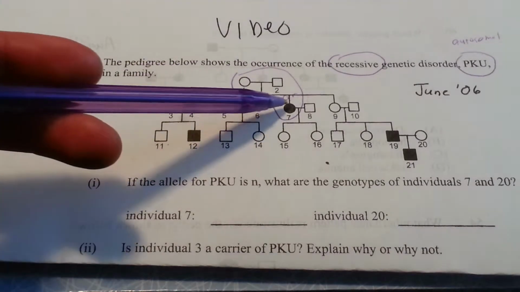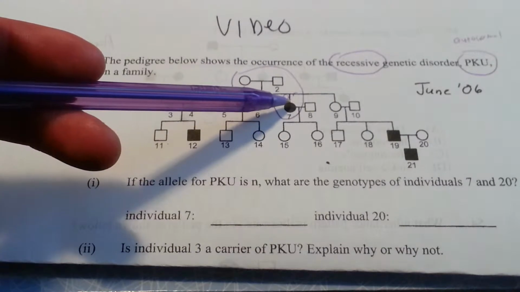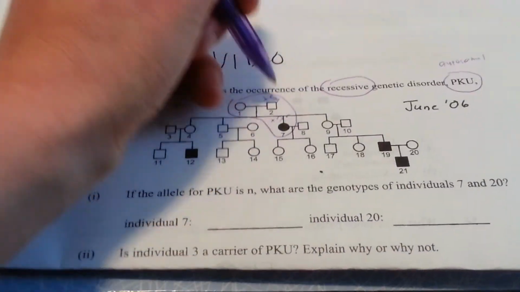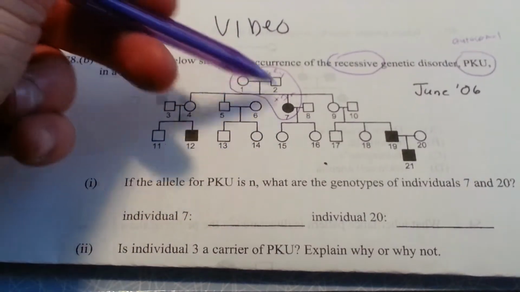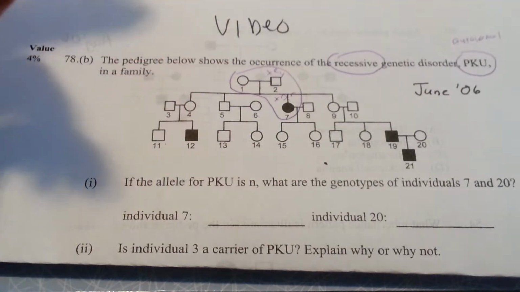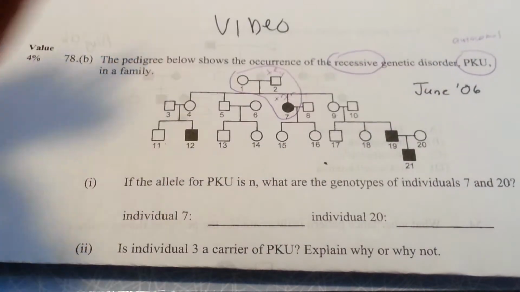If that's the case, she had to get one of her X little r's from her mom and one from her dad. But her dad's normal in this case, he's X big R Y, so he can't pass on a disorder to his daughter. She can't have the disorder without him having it. So because of that, we know it's autosomal.